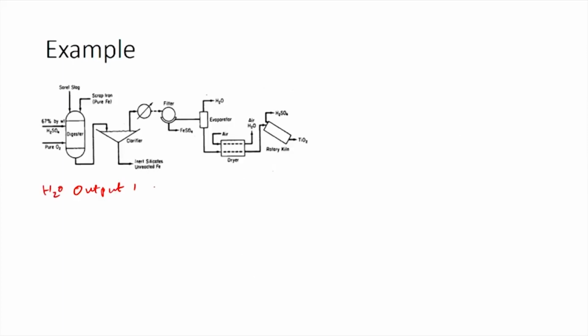Water output 1 would be equal to the amount of water leaving through the TiOSO4 slurry. So, based on the calculations we have performed, we know that 0.876 kilomoles of TiOSO4 was produced. So, this 0.876 kilomoles of TiOSO4 would weigh 140.07 kilograms.